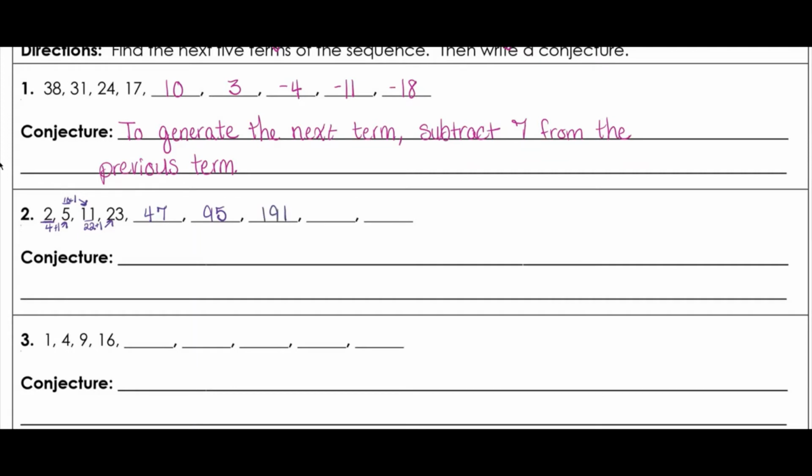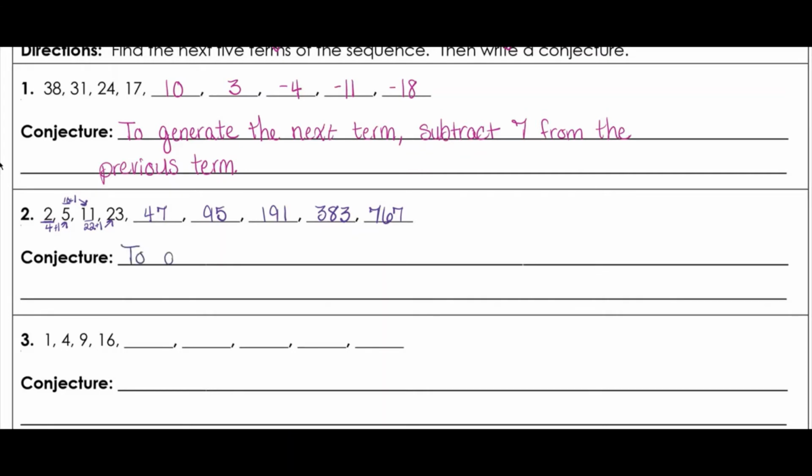Then double that and add 1. 383, and now we want to double that and add 1 to get, what do we get? 767. All right, so now that we have that, we can write our conjecture.